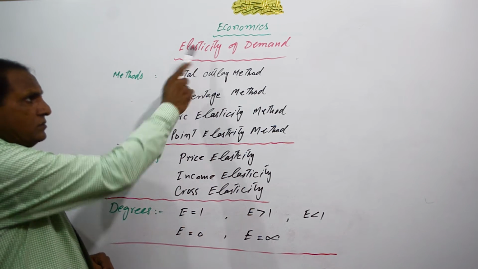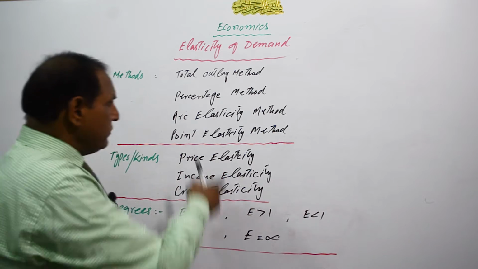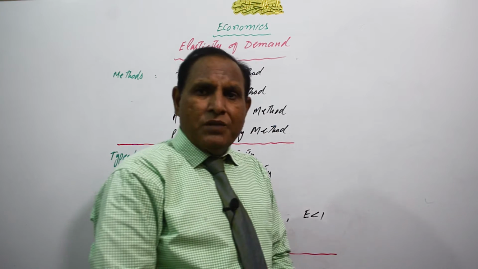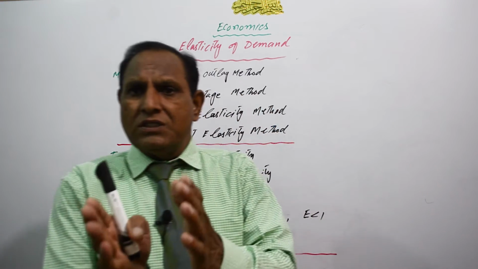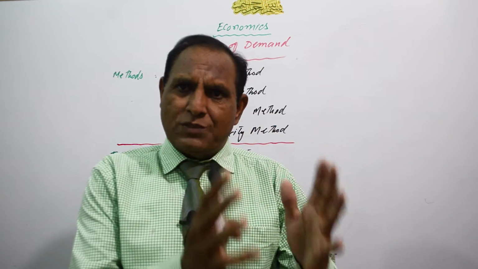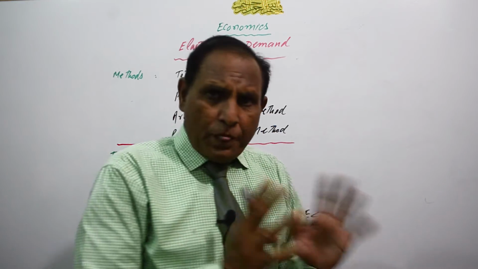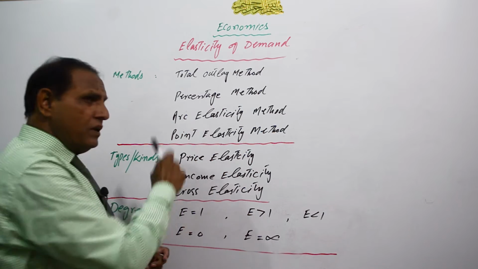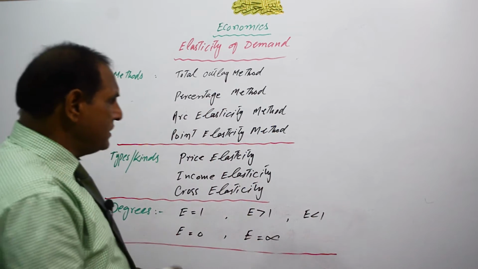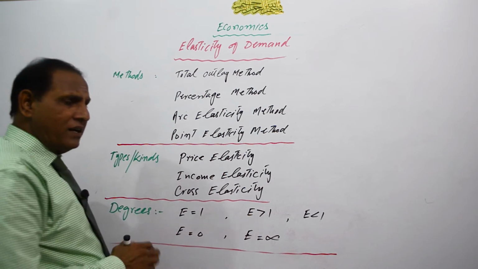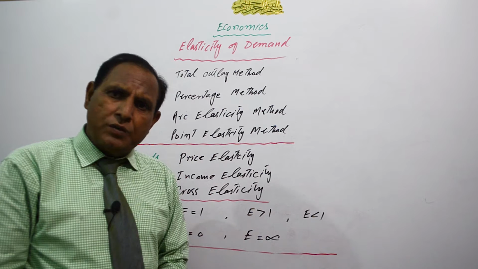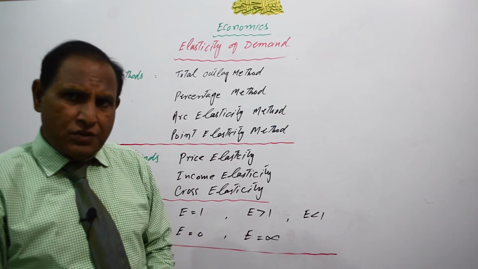In the total outlay method, we discuss these two changes with respect to the total expenditure of the consumer, but here we will find the answer in percentage. The third option is arc elasticity, and the fourth method to measure the elasticity of demand is known as point elasticity of demand.